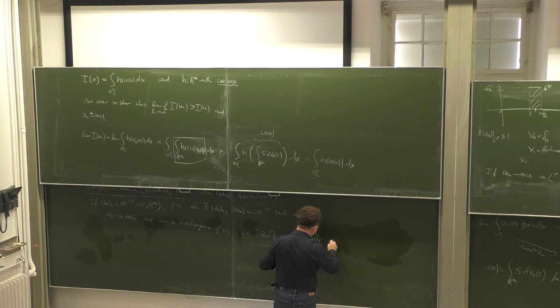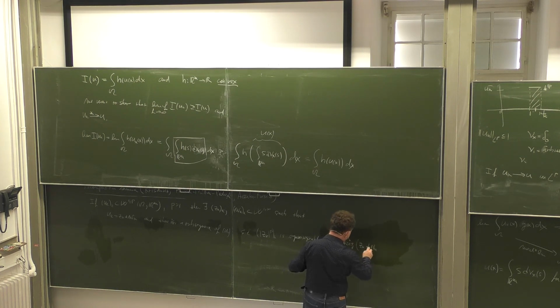and the measure of the set where z_k is not u_k, or the gradient of z_k is not the gradient of u_k, goes to 0 as k goes to infinity.